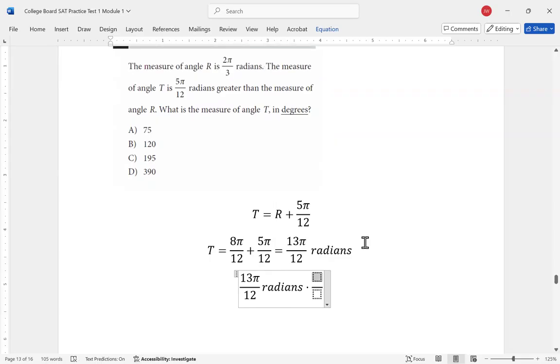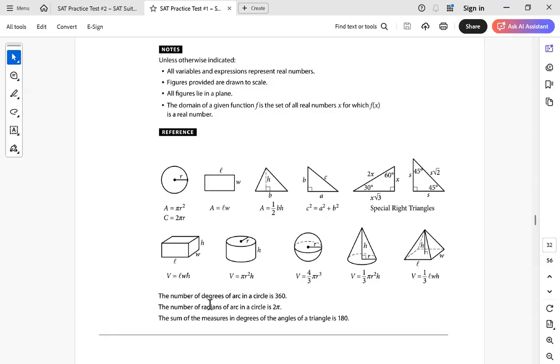If you forget what the conversion is, that's actually one of the things that the test lists out. It says the number of degrees in the arc of a circle is 360. The number of radians in the arc of a circle is 2 times pi. So 360 degrees is 2 pi radians.